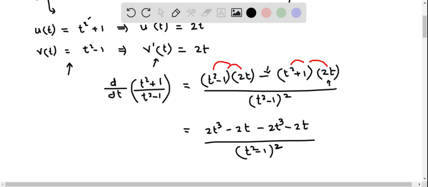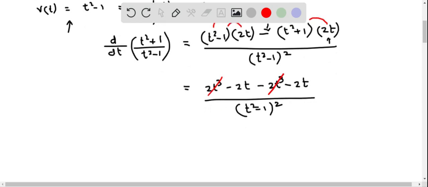Now let's simplify this. We have 2t cubed and then negative 2t cubed. These two cancel, and we have negative 2t, negative 2t. This is negative 4t. So this simplifies to negative 4t over (t squared minus 1) quantity squared.